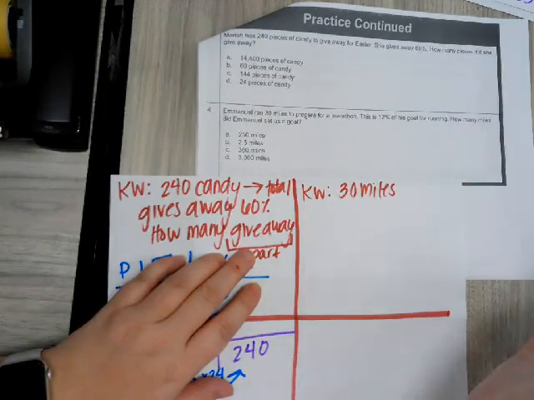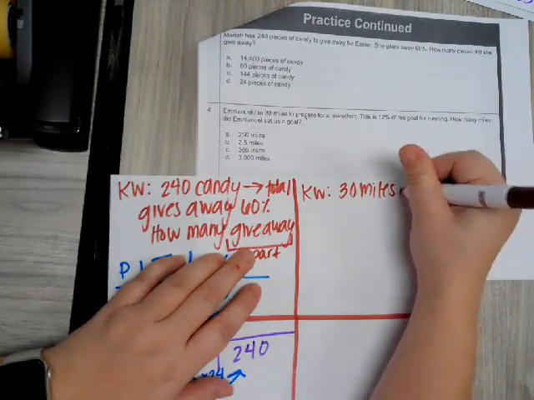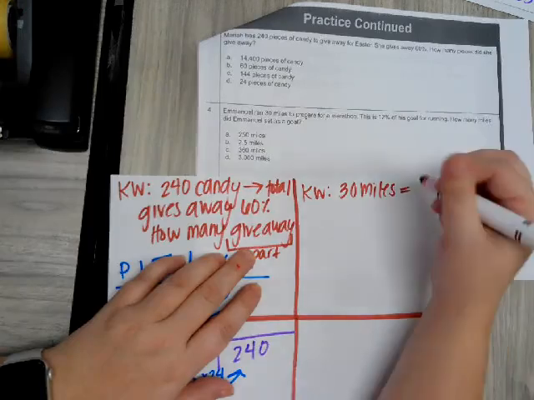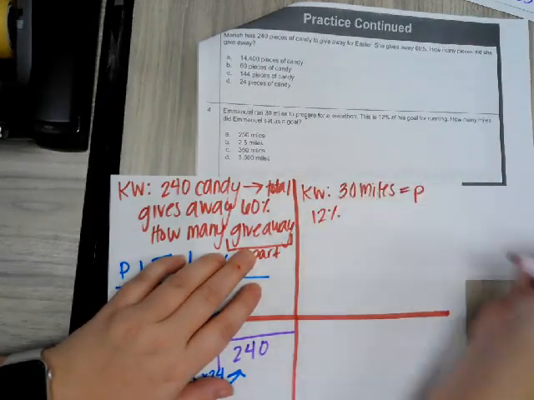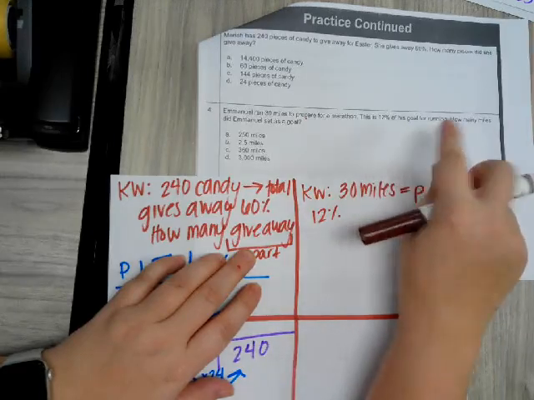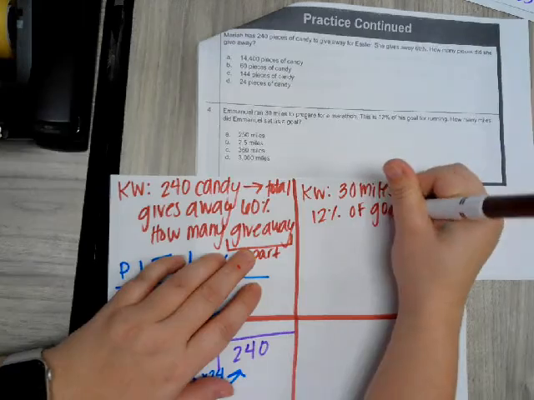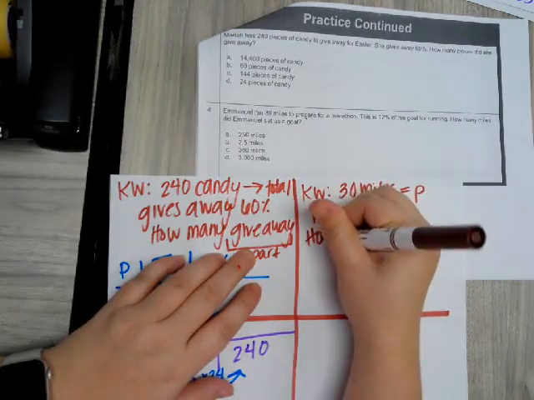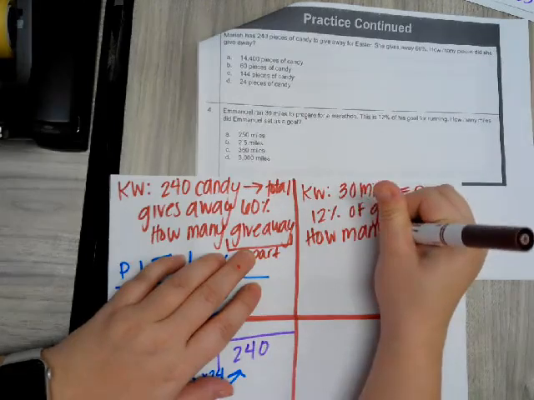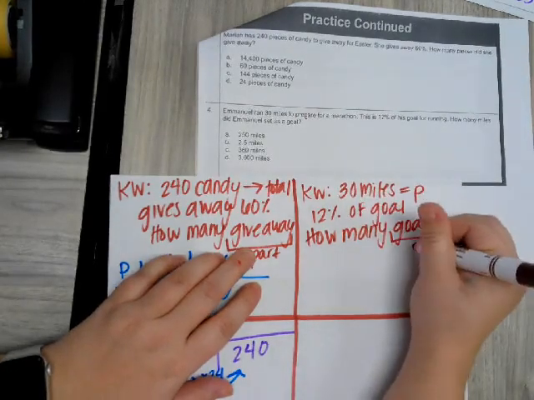Okay, so he already ran 30 miles, but apparently that is just a piece of it because it says it's 12% of his goal. They want to know what his goal is. So that has to be my total.